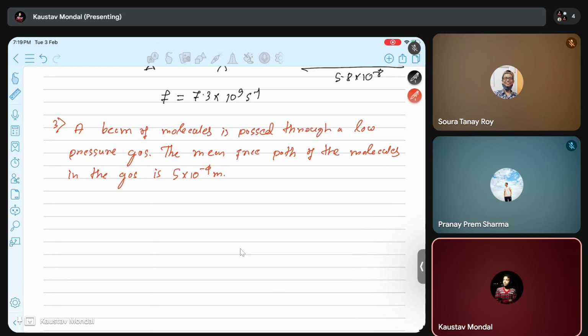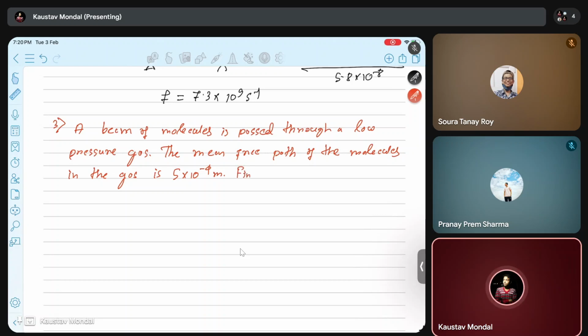So the mean free path of the gas molecule is given. The beam of molecules passes through a low pressure gas, so it will face collision. So there should be a mean free path associated with it, and that mean free path is 5 into 10 to the power minus 4 meters.